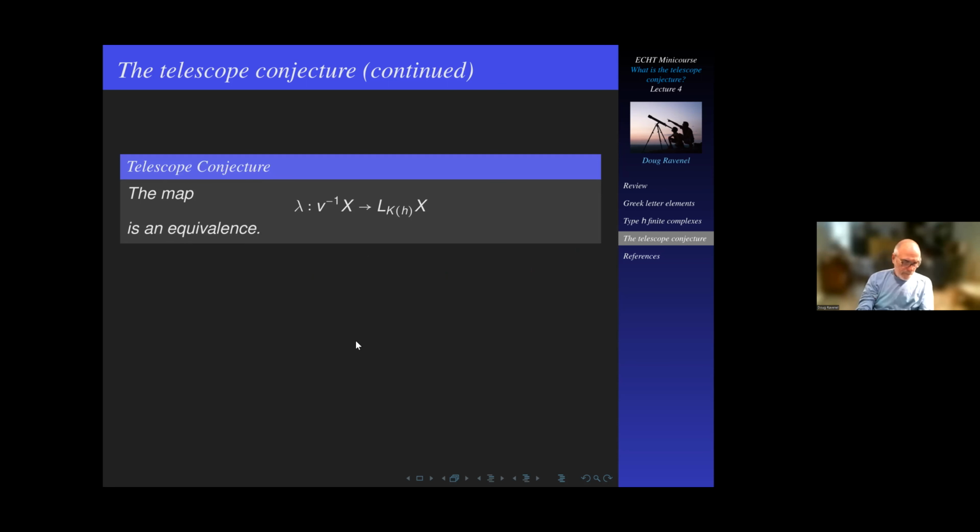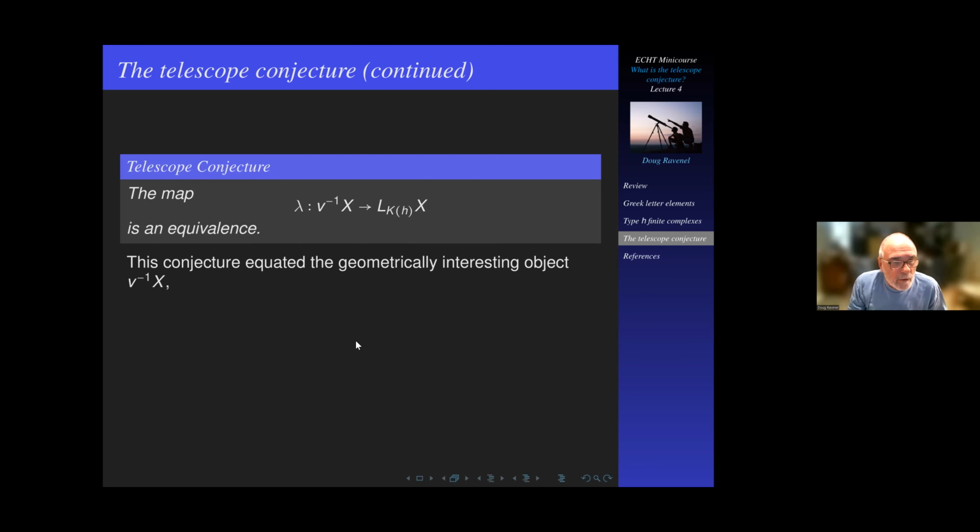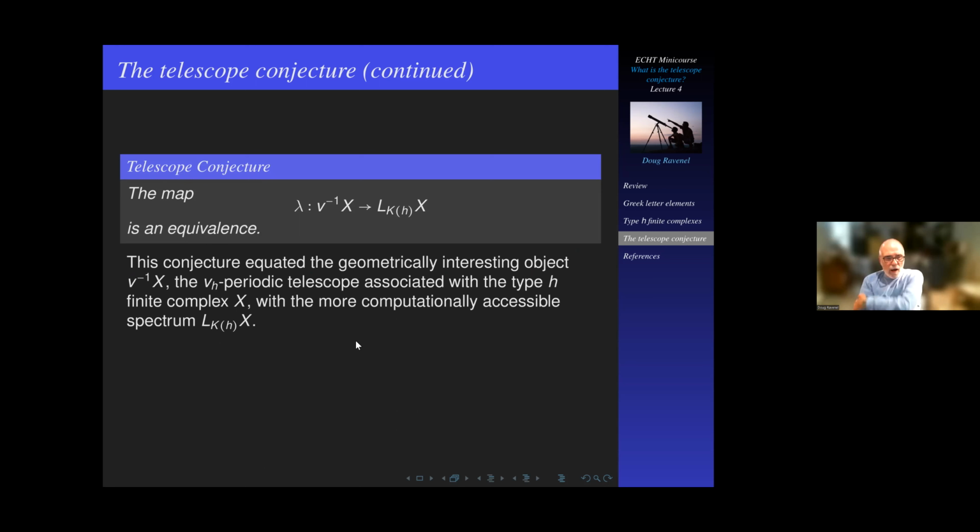Now, as I said, this is going to be a short lecture. The thing that's interesting about this conjecture is it's equating a geometrically interesting object, namely the telescope V inverse of X, with a more computationally accessible spectrum LKH of X. Now, what I mean when I say it's computationally accessible, let's look at the height 2 case.